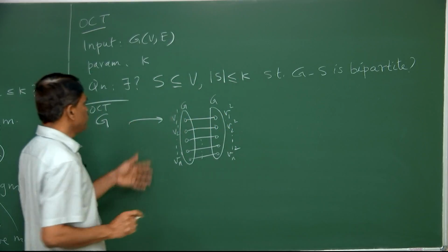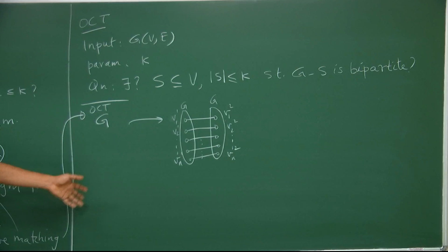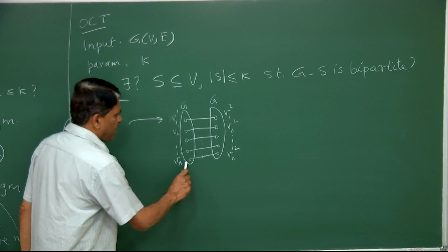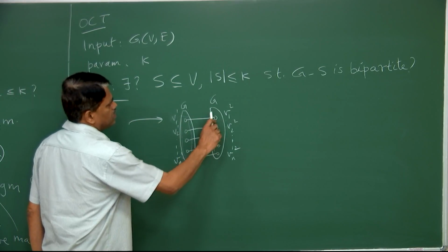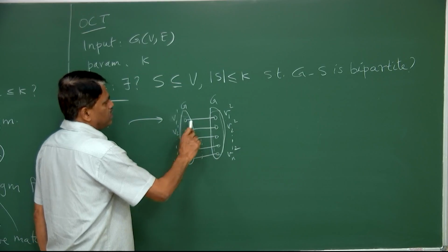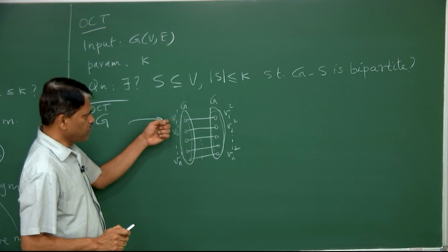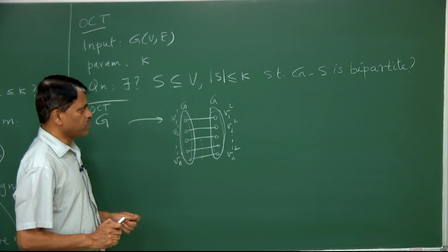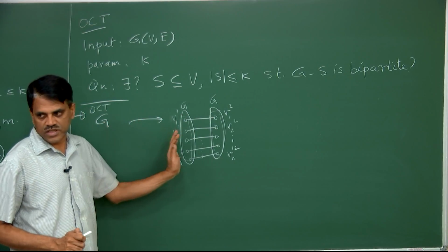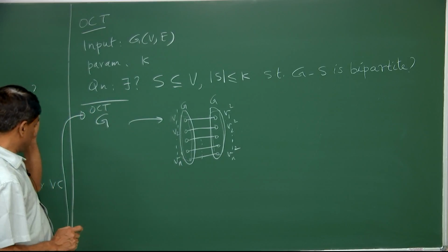There are n vertices in my original graph. I just take 2 copies of them. So here the entire graph is here, and I'm drawing a matching between the corresponding vertices. So a copy of that vertex has an edge to the copy of the other vertex, and no other edges are there between them. And what is the claim?